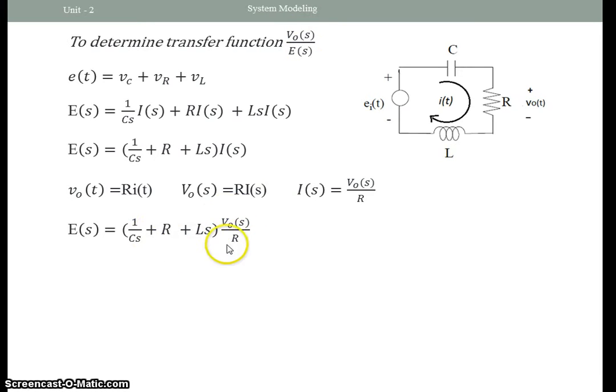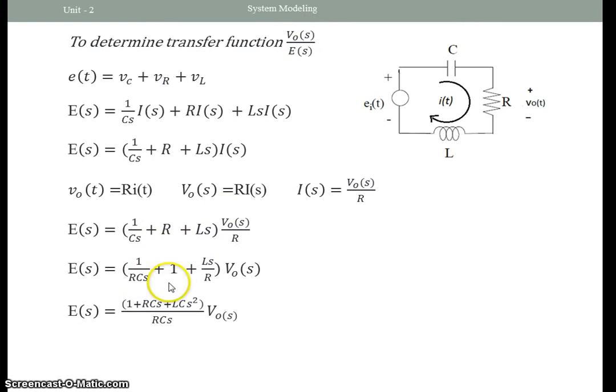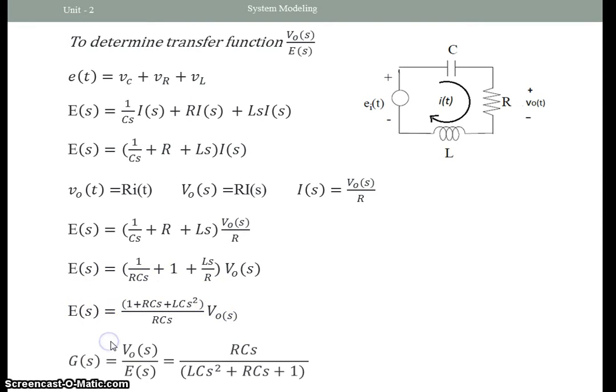We distribute this R to the three terms, so we will have this, and we can combine this in a single fraction where our least common denominator is RCs, and that will result in this fraction. And if you will notice, we now have the output voltage and the input voltage E here, so we can just get the ratio, which is the transfer function.